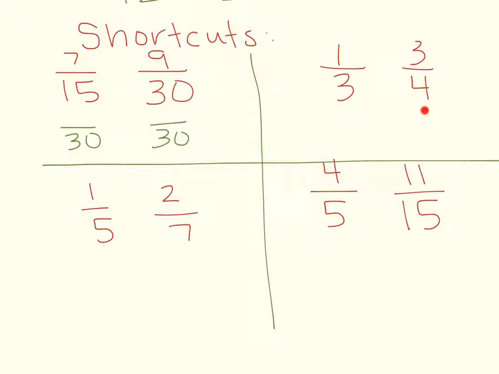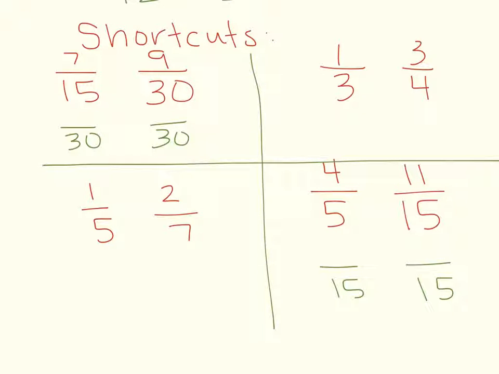This one, or this one? You're right, it's this one. 5 goes evenly into 15, and therefore 15 is automatically your common denominator.